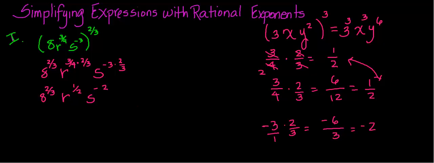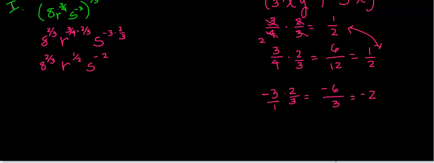Okay, so to get rid of the negative exponent, this is what we do. Whenever we have a negative exponent like s to the -2nd power, I can make that a positive exponent if I bring this s down into the denominator. Okay, so that's what I'm going to do here. This is going to become 1 over s squared. Now 8 to the 2/3 power, I can rewrite this as a radical.